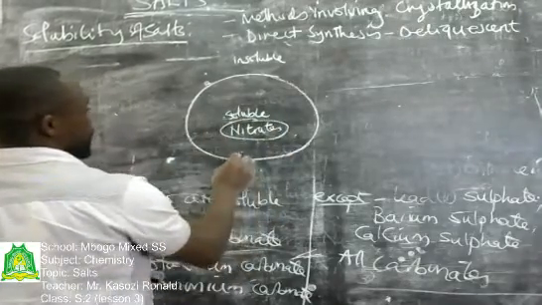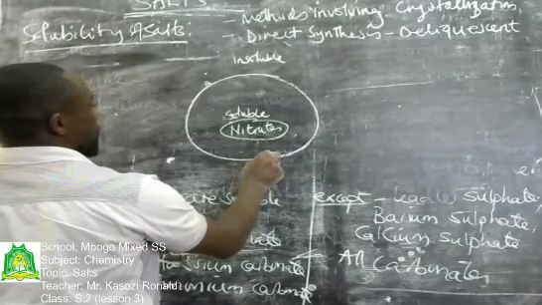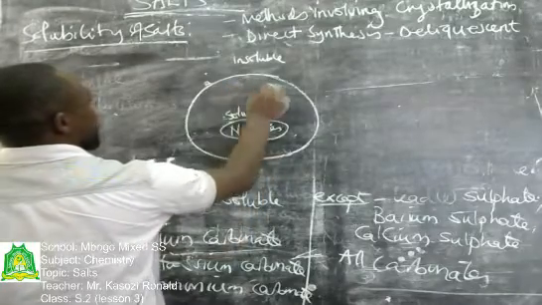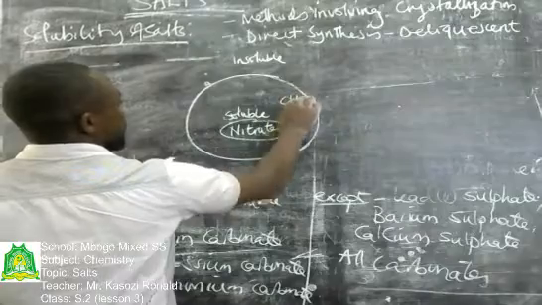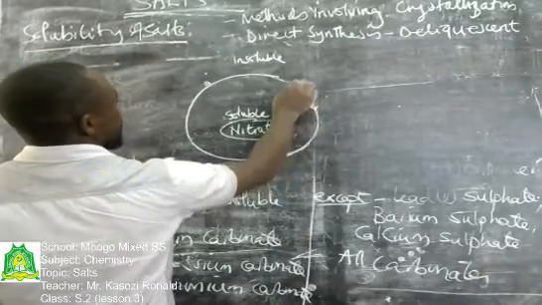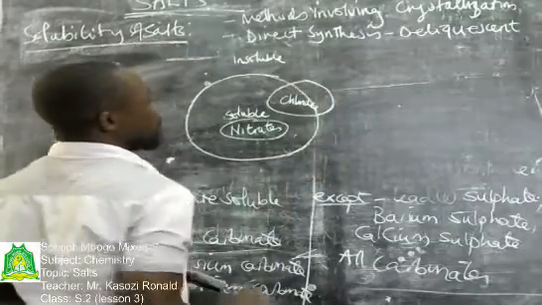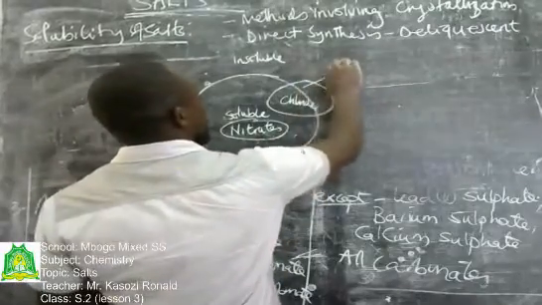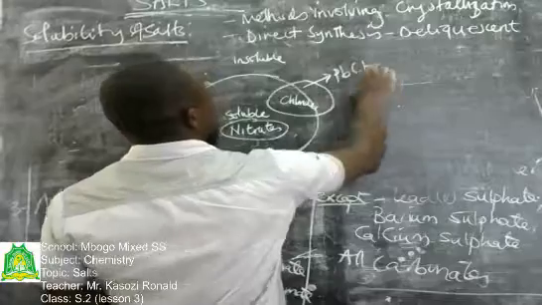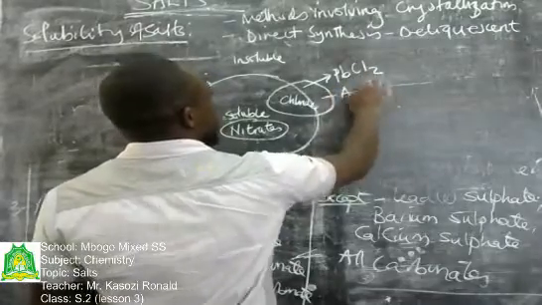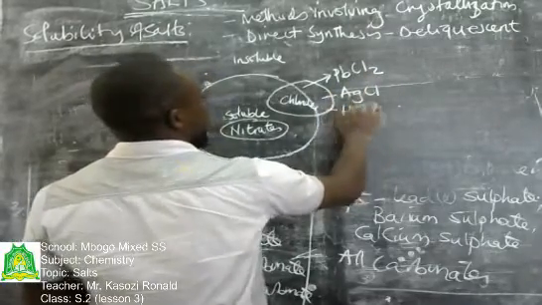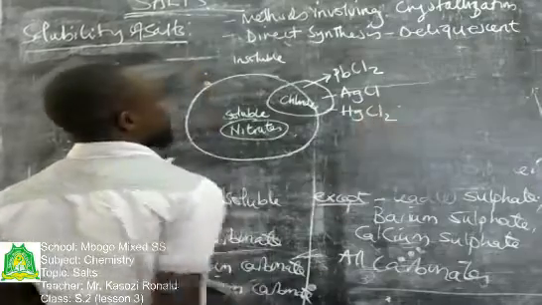When we come to chlorides, the insoluble ones are lead 2 chloride, silver chloride, mercury 2 chloride.